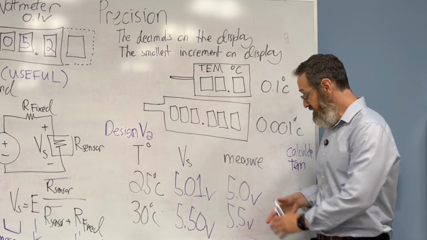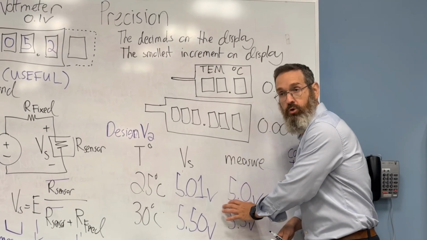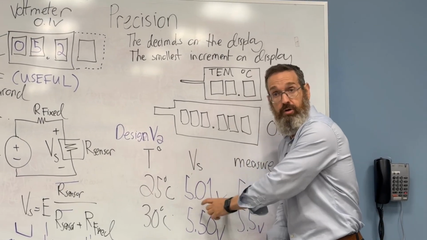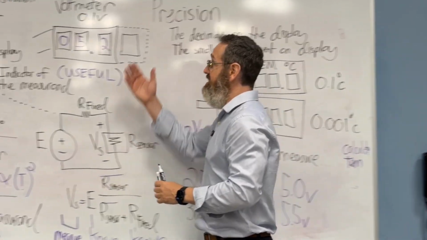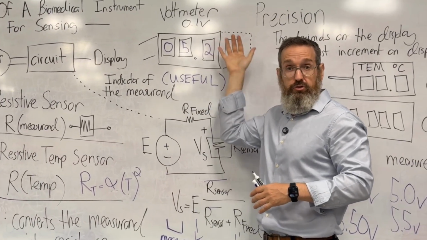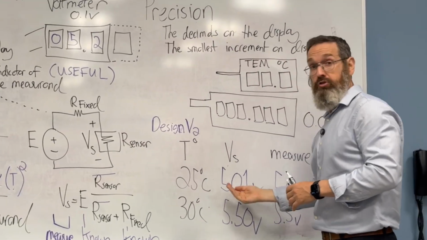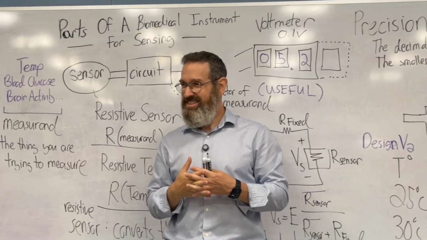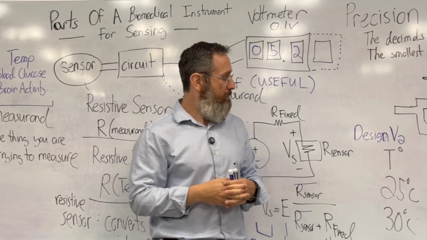It could have been 5.04, 5.03, I don't know. If you're actually sitting here making the measurement, you don't know what came afterward, right? You've lost that additional bit of information. Does that make sense?